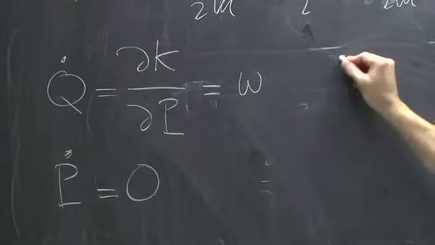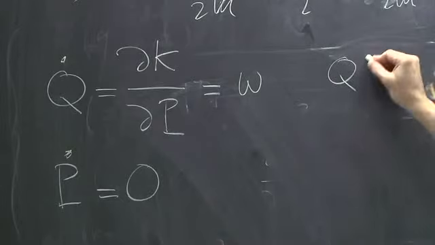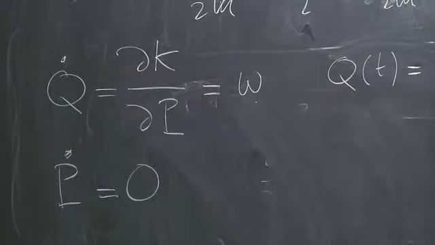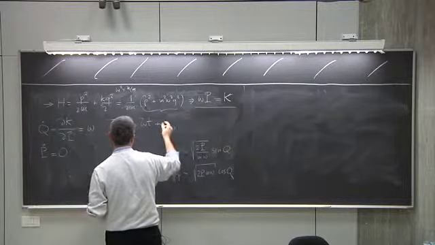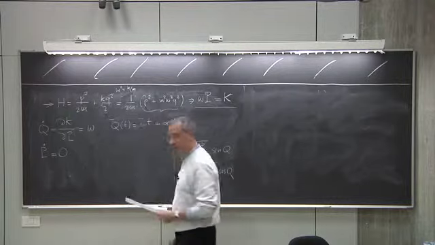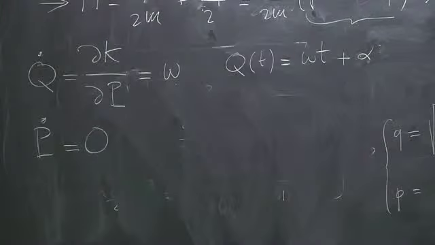And therefore, Q as a function of time is just omega times t plus whatever Q naught, or let's call it alpha, that is the initial value of Q at time equal to 0. The initial coordinate. This is the solution.